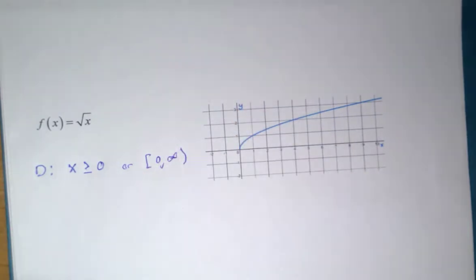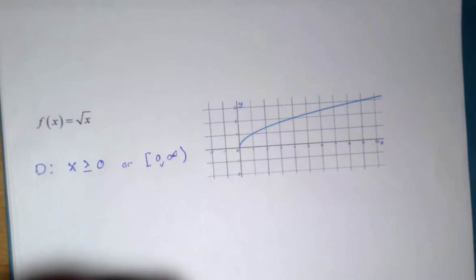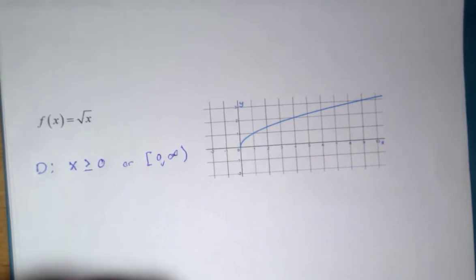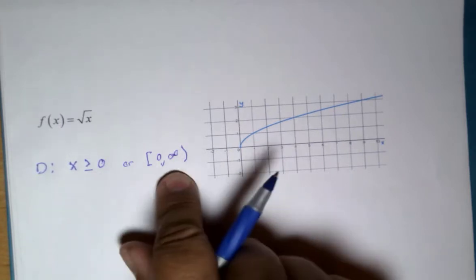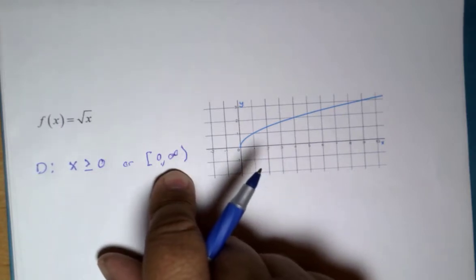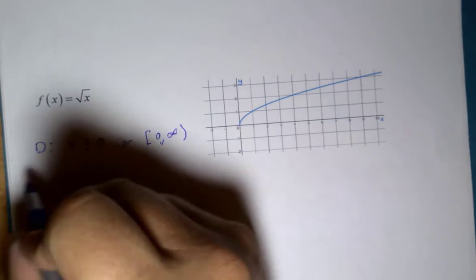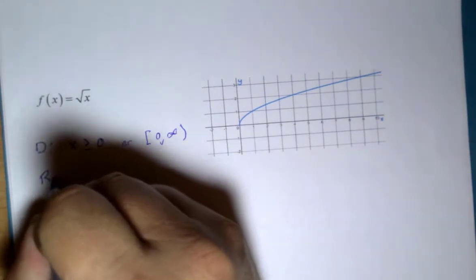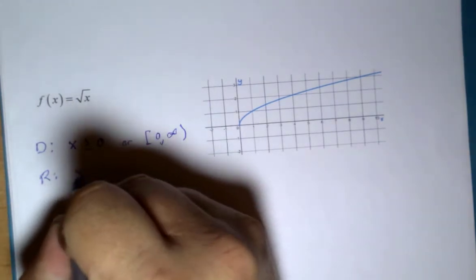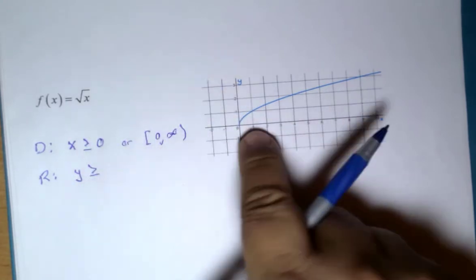And again, there are 2 or 3 other fairly common notations for this. You and your instructor can talk about it, but for my class, these would be the 2 I would be expecting, generally speaking. And it turns out the y values for the range are any value 0 and above.